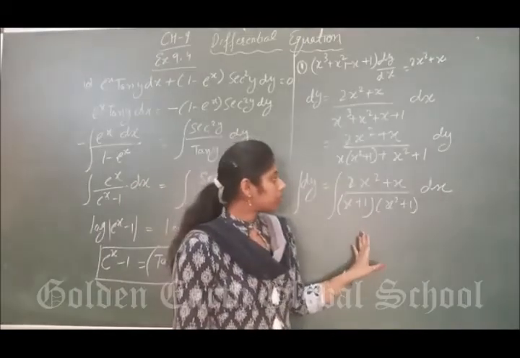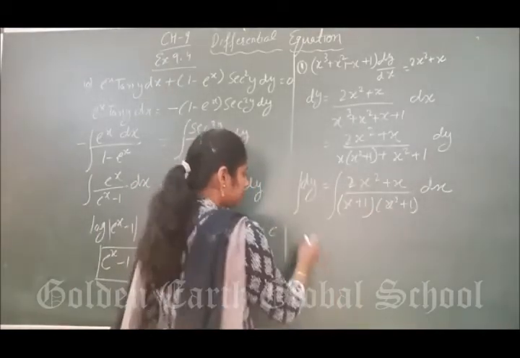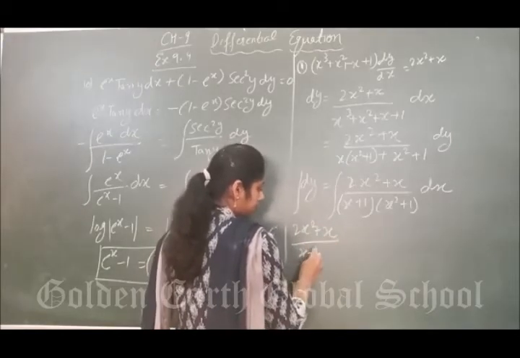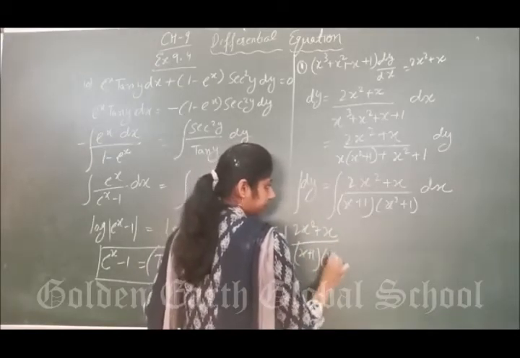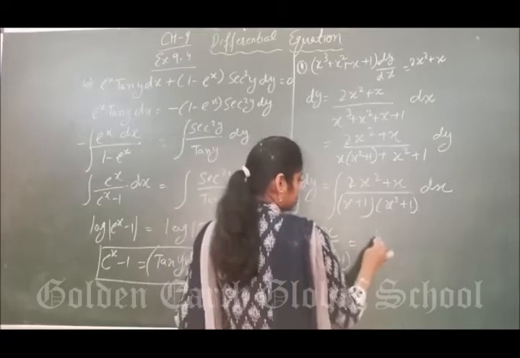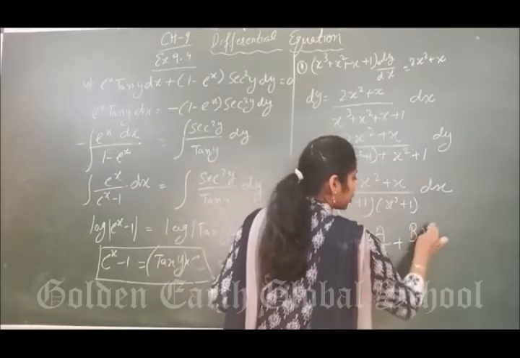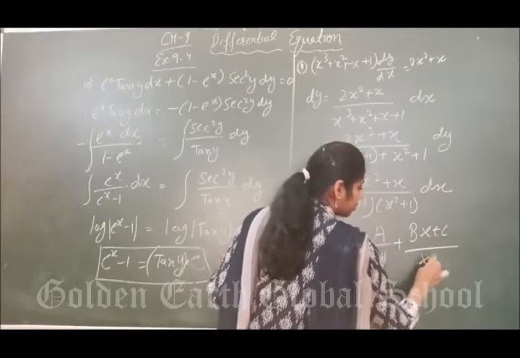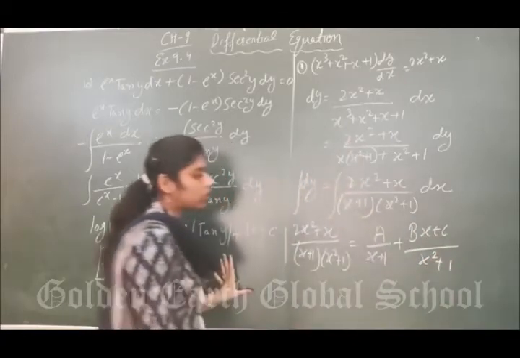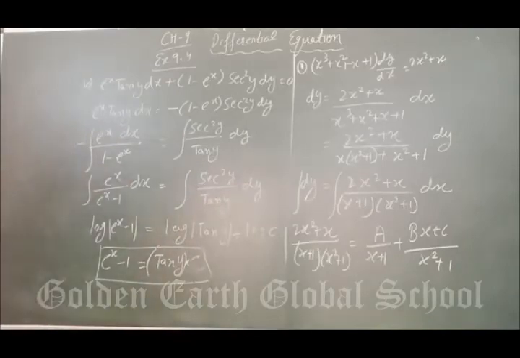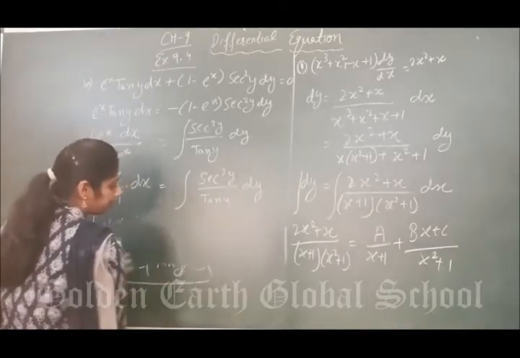You know what partial fraction is? (2x² + x) upon (x + 1)(x² + 1) equals A upon x + 1 plus (Bx + C) upon x² + 1. Now we have to find the constants A, B and C. How will you find the constants?